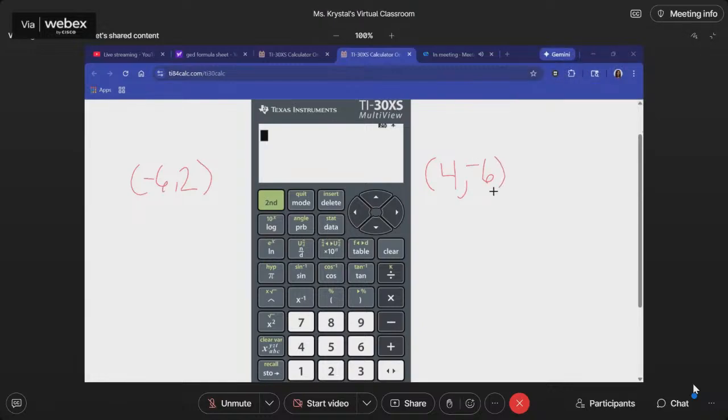So we're going to look for the slope that passes through the coordinates that are on the screen right now.